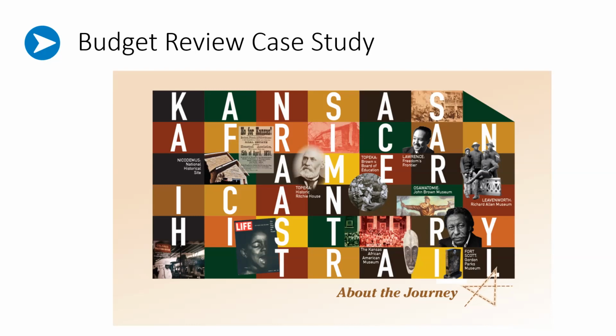And the grant was to build this history trail, to pull it together and organize partners. So it had several partners and was kind of a complicated grant to write and to administer. So we're going to take a deeper dive into that. Bear with me just a minute while I change my screen here.